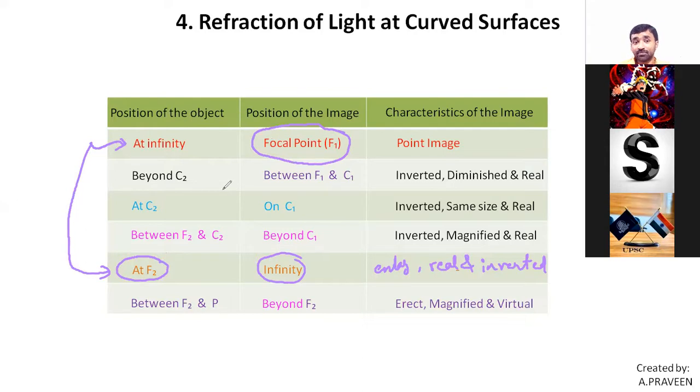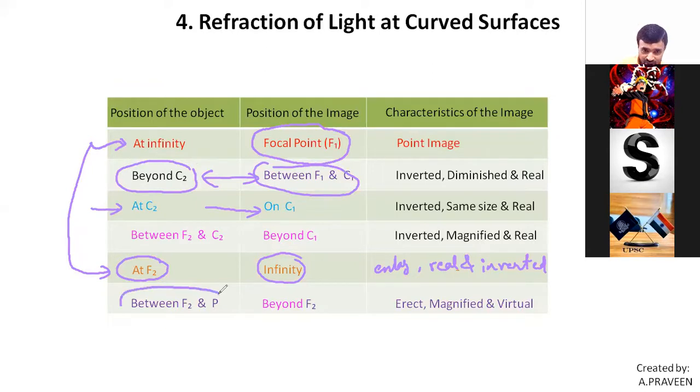Right. Next, if I place the object at the center of curvature, no change, the image is at the center of curvature only. Then look here, beyond, I got between. If I place the object beyond C2, the image is brought between F1 and C1. If I maintain the position between F and C, the image is beyond.